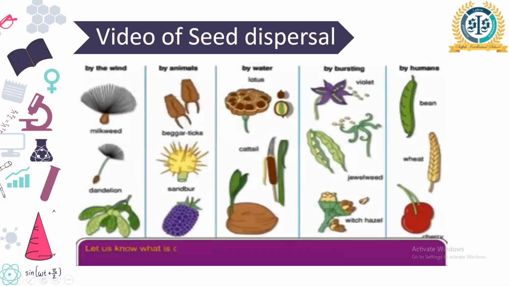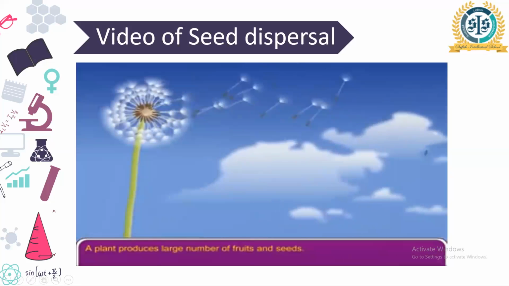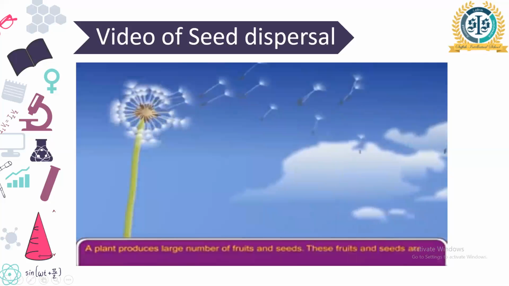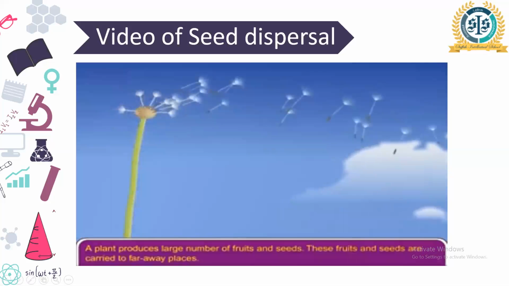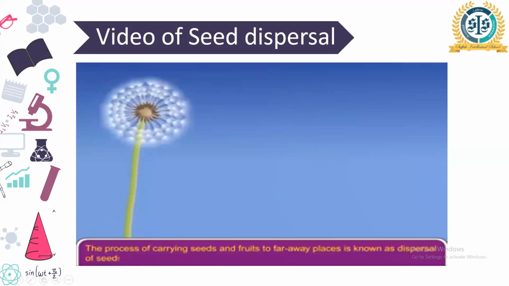Let us know what is dispersal of seeds. A plant produces a large number of fruits and seeds. These fruits and seeds are carried to faraway places. The process of carrying seeds and fruits to faraway places is known as dispersal of seeds.